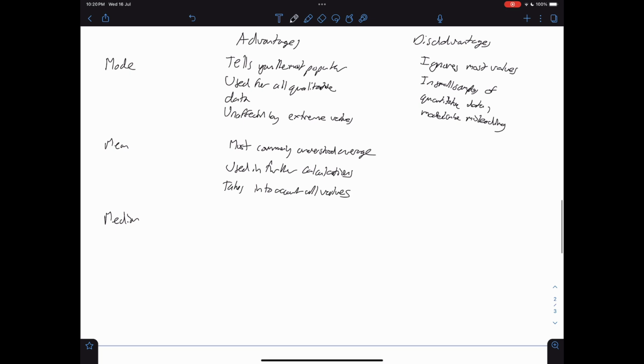But it does mean you need to know every value. You can't calculate the mean without knowing all the values, and it is affected by extreme values.